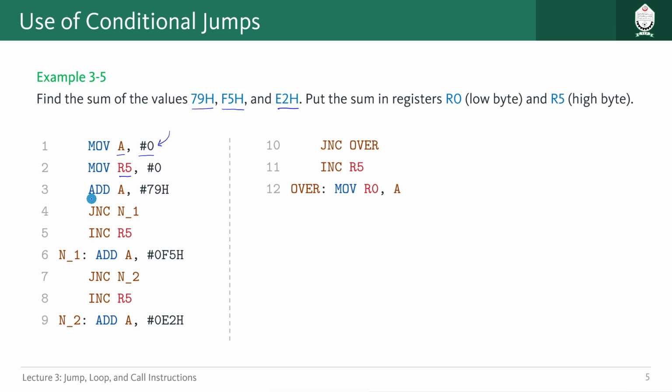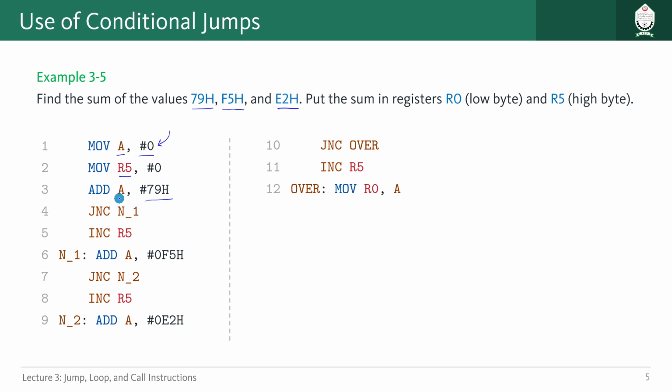But what we're doing is trying to add 79H, this value, with whatever we have already saved in A, which is 0, and the result should be stored again in register A. The thing is, after this addition, if any carry happens, we can detect that. That will be detected by the PSW register.